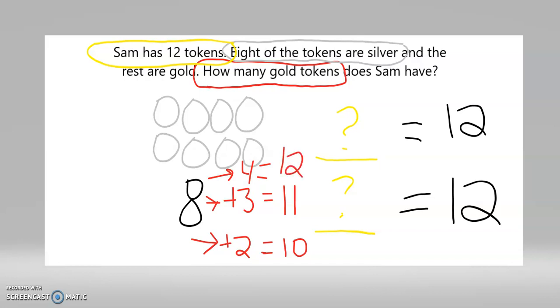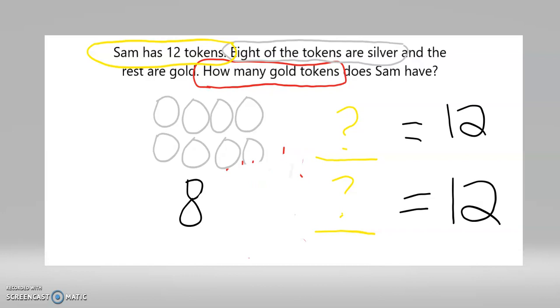So how many gold tokens might we have? We know it's not 2, because that only gives us 10. We know that he doesn't have only 3 gold tokens because that only gets us to 11. But we know that 8 plus 4 gets us right to 12. So we can do a guess and check strategy like this.